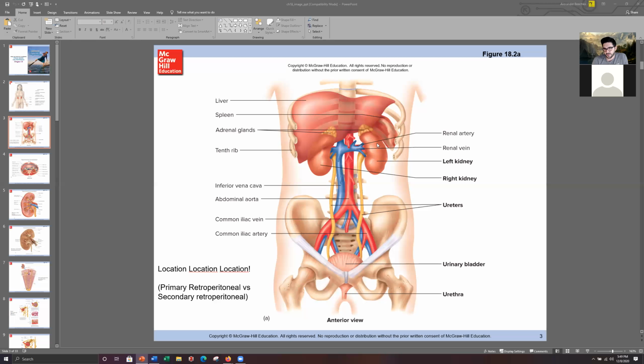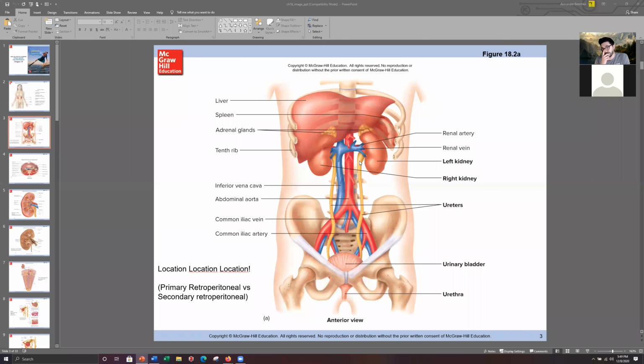So the kidneys sit just here, kind of right back behind the spleen as well. And we've got our little adrenal glands that sit up here, which again aren't part of the excretory system, even though they sit right on top of the kidneys. So we can see that the kidneys have their little connections with the ureters right here as the ureters lead down into the bladder.